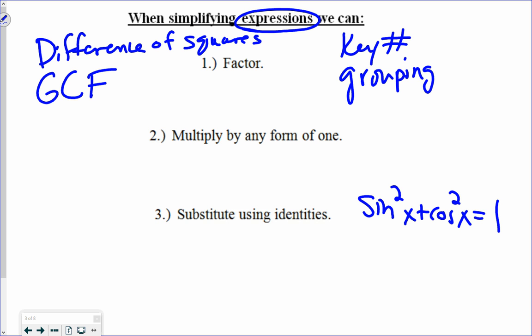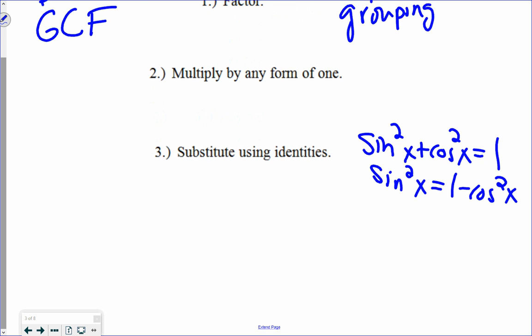Okay? But what you can also do is use any algebraic manipulation of that identity. You realize it's really saying the same thing. I just subtracted cosine squared from both sides. Right? So it's the same thing. So if anywhere I see 1 minus cosine squared, I can replace it with sine squared if I think it's helpful. It all depends on if I think it's helpful, though.